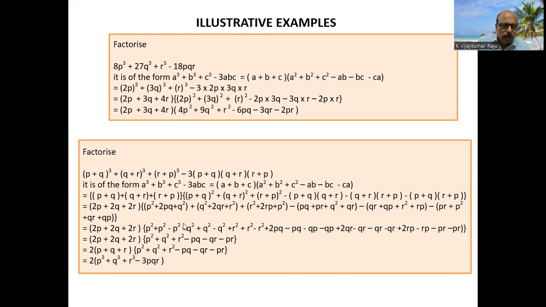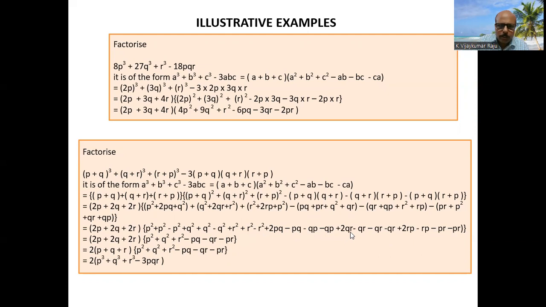This and this cancel, only one p square remains. This and this cancel, only one q square remains. This and this cancel, only one r square remains. And here, 2pq minus 3pq is minus pq.